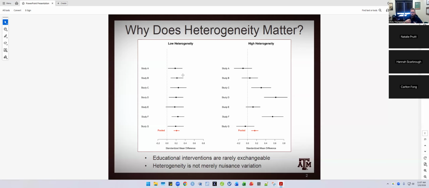And so this variability among the true effect sizes, I would argue, is not a nuisance.